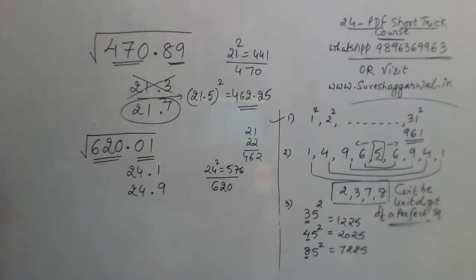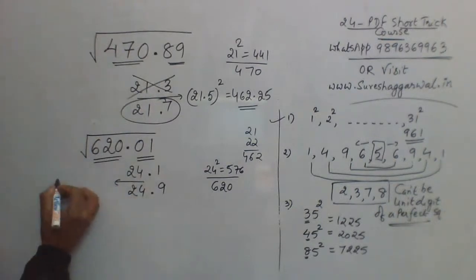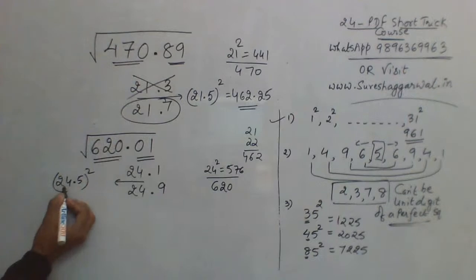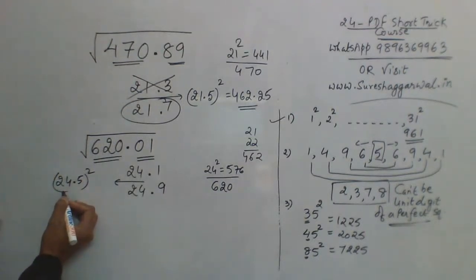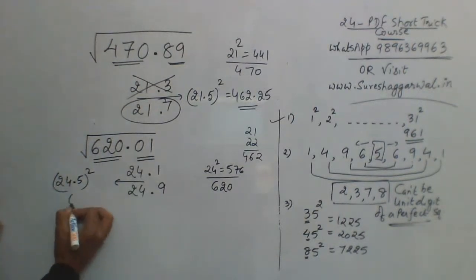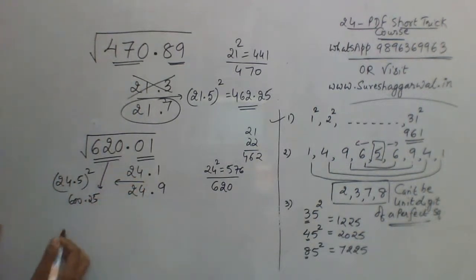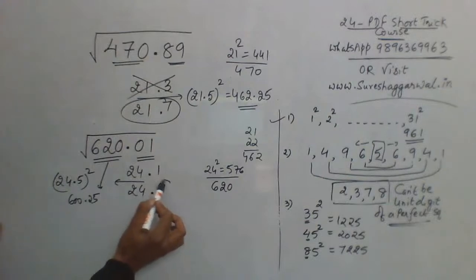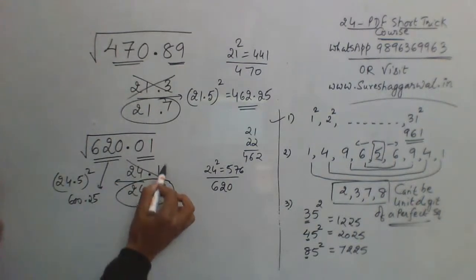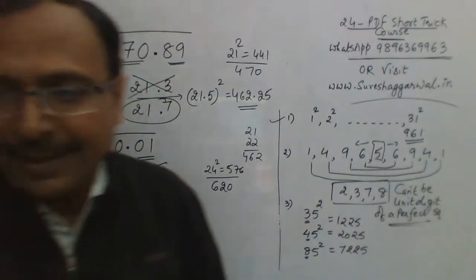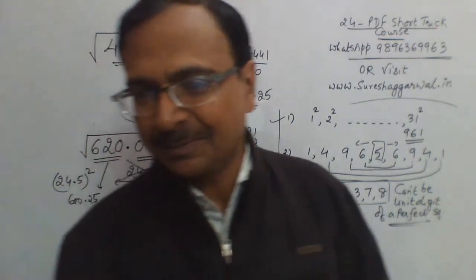Which one is correct? That will be decided by taking the square of 24.5. So what's 24 into 25? 24 into 25 is 600.25. Compare this with this. This is larger. So my answer is the larger one. The smaller one gets rejected. 24.9 comes out to be the exact correct answer.